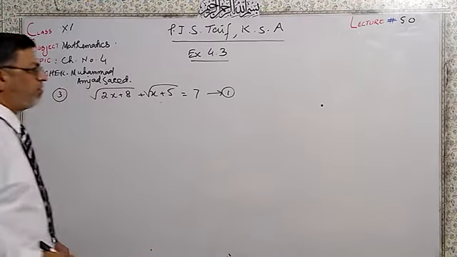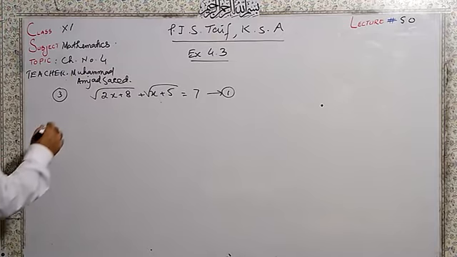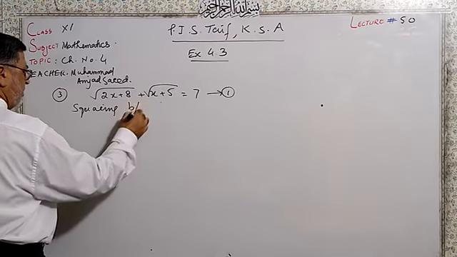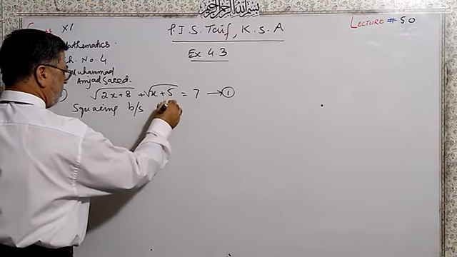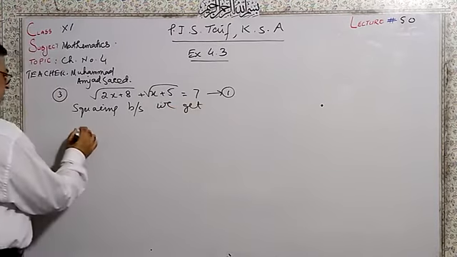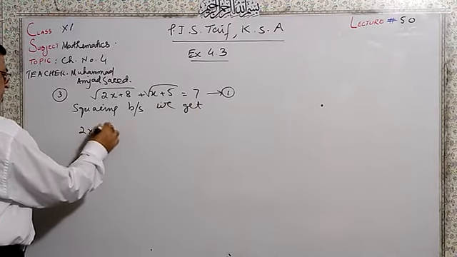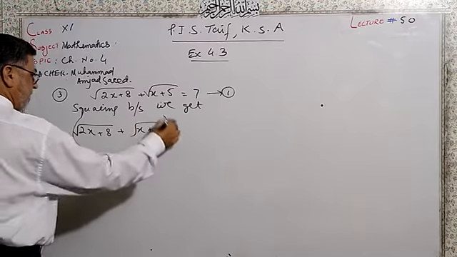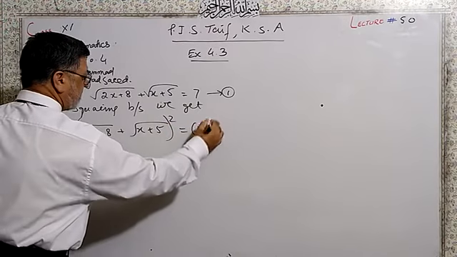This is equation number 1. Squaring both sides, we get the square root of 2x plus 8 plus the square root of x plus 5, whole square, equal to 7 square.